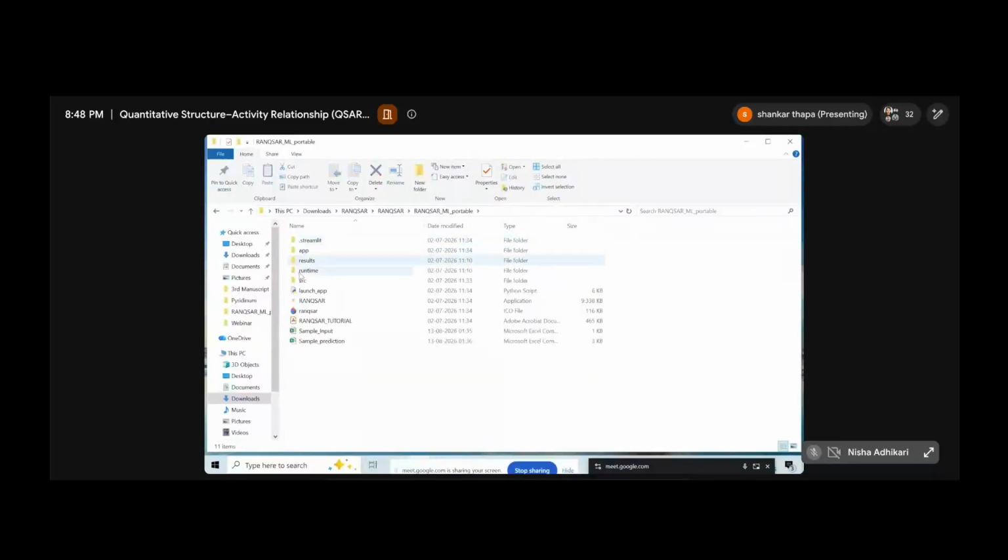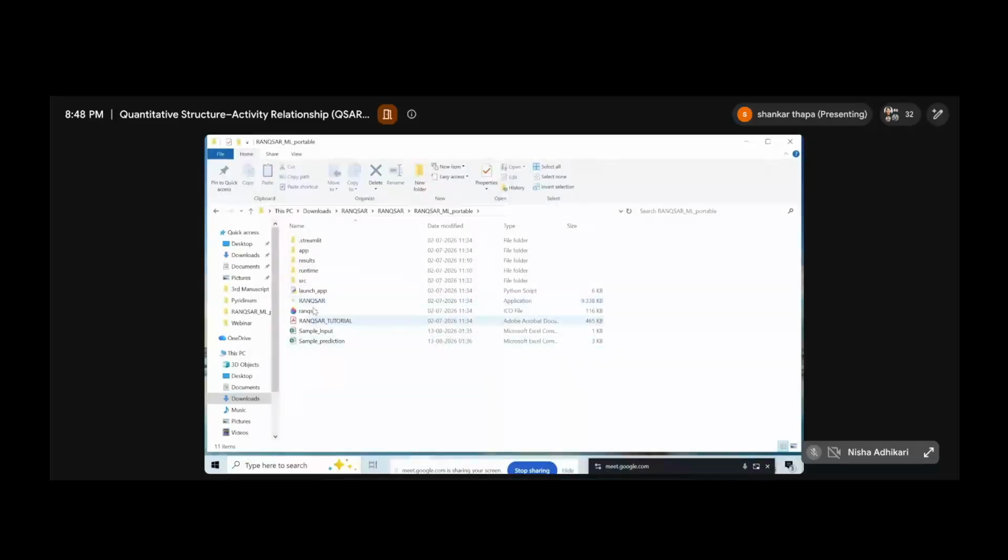Inside the folder, you will get this many files. There is one file called Applications, RunQSAR. You can double click it and install it.